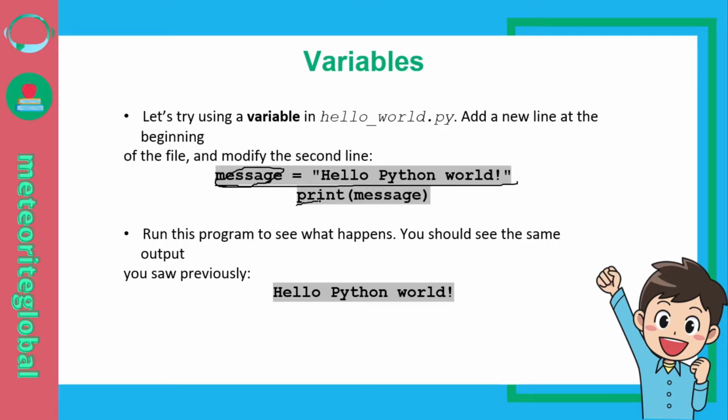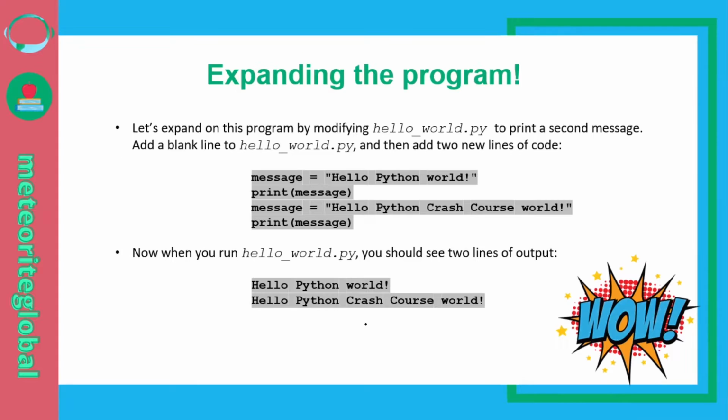And when you print this message, it will print the value stored in the variable. But do keep in mind, if you add quotation marks around message in the print statement, it will take it as a word and print message instead of hello Python world. So you have to be careful about this. This is a very rare incident to occur, but yes, do keep it in mind.